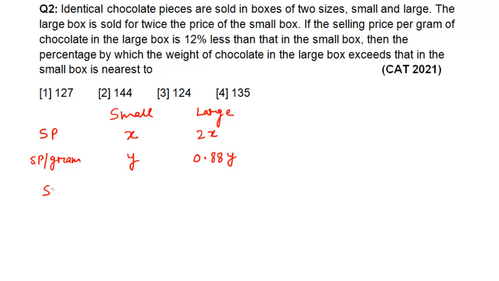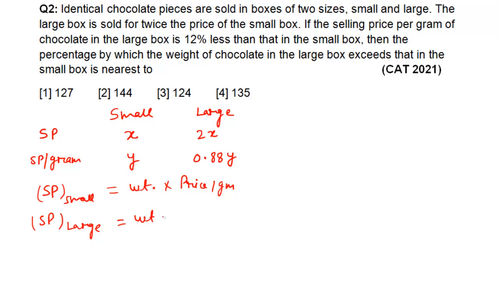The selling price of a small box is basically weight of the box multiplied by price per gram. Similarly, the selling price of a large box is equal to weight of the large box multiplied by price per gram.